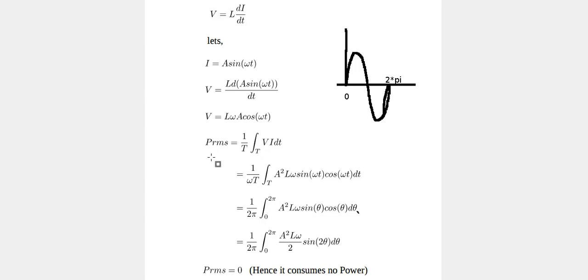I'm going to find out the power in the RMS. As I said, the average is equal to 1 over T times the integration over a time period of V into I dt.